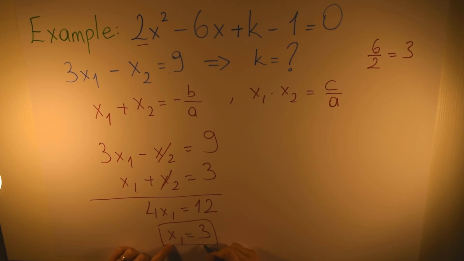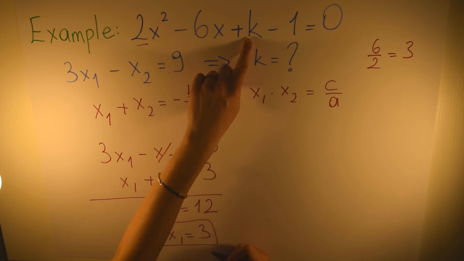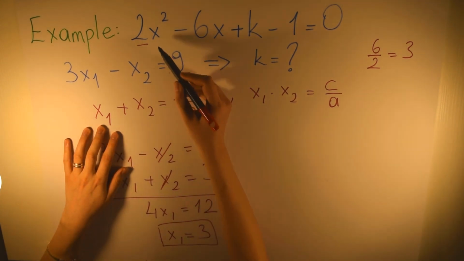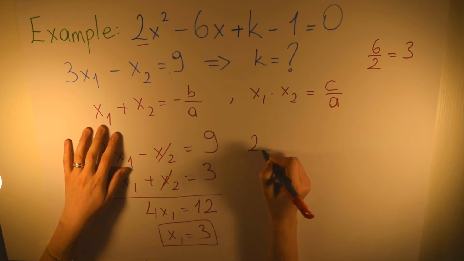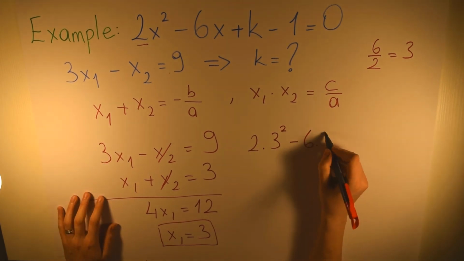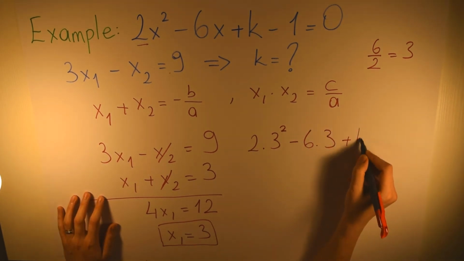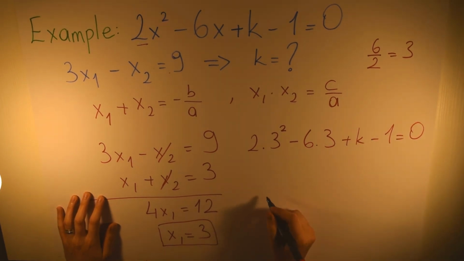So this x1 is one of our roots, which means I can apply this value to this equation, and I can easily find the value of k. So let's do that. Instead of x, I write 3. So it is 2 times 3 squared minus 6 times 3 plus k minus 1 is equal to 0.